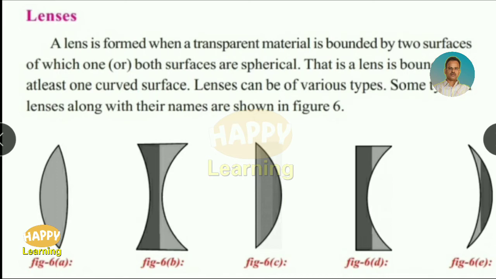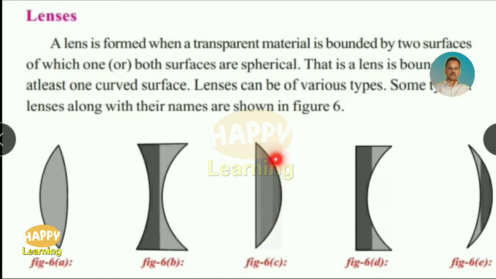At least one means you can have more than one. You can have two surfaces also. For example, here this is one spherical surface and on the other side it has one more spherical surface. In this example, here it is flat, it is not a spherical surface, but it has a spherical surface on this side.